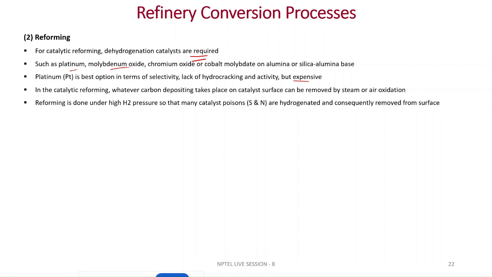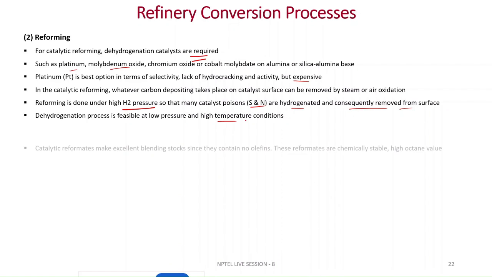Reforming is done under high hydrogen pressure so that many catalyst poisons, that is sulfur and nitrogen, become hydrogenated, and consequently can be removed from the surface, and we can regenerate that catalyst. The dehydrogenation process, that is a very important process that we discussed in the last slide, is feasible at low pressure and high temperature conditions.